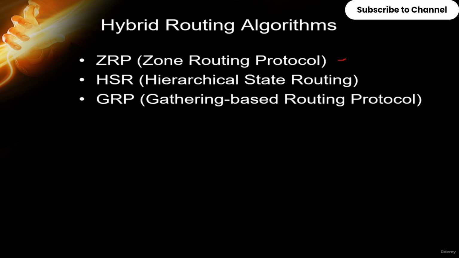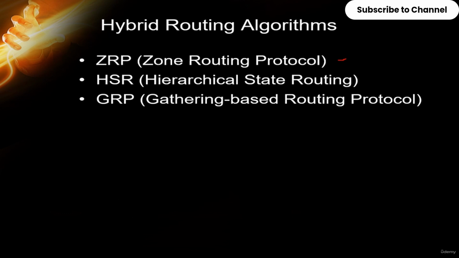The operations are intra-zone routing and interzone routing. In intra-zone routing, it proactively maintains the routes within each node's local zone. In interzone routing, it uses reactive routing for communicating between nodes in different zones. Additionally, it provides a functionality called bordercasting, where a node needs to find a destination outside its zone.